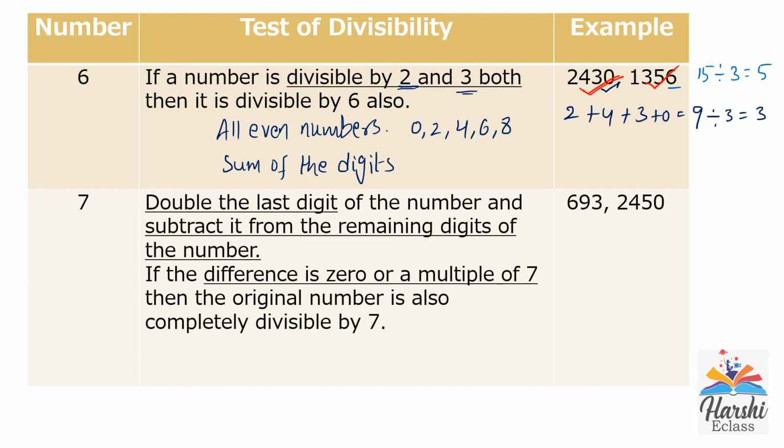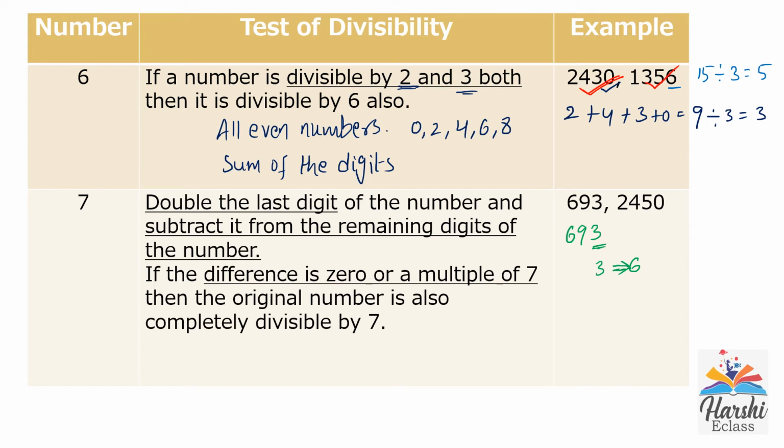Here the number is 693. The last digit is 3. Double the digit. If you double 3, you will get 6. Subtract this from the remaining digits.